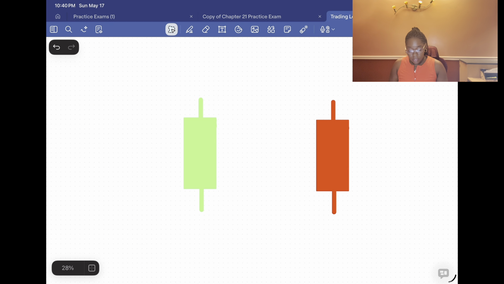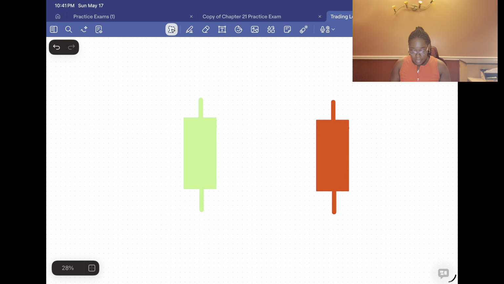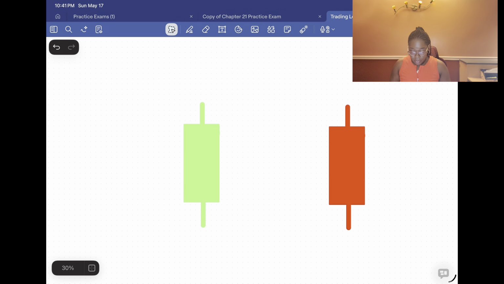So on the screen, you should see a green candlestick and a red candlestick. So this whole thing right here, and this whole thing right here is called a candlestick. And though they look the same, there are a lot of meanings to candlesticks.